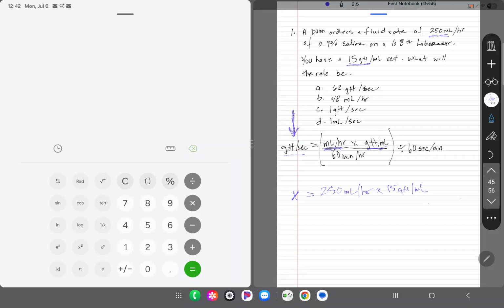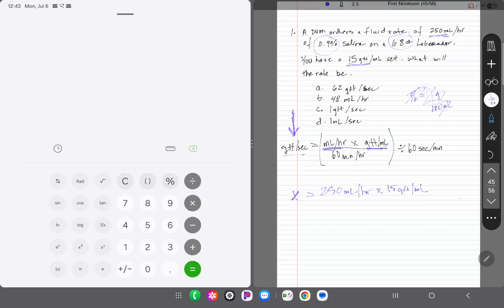That's all you need. So the VTNE purposely puts in things like 0.9% saline and 68 pounds. Why do they do this? Because everybody gets tripped up on 0.9% saline because we have been trained that percent equals grams over 100 mils, and we have been trained that we have to figure that out.